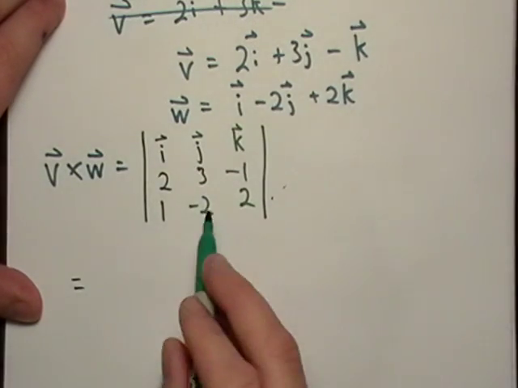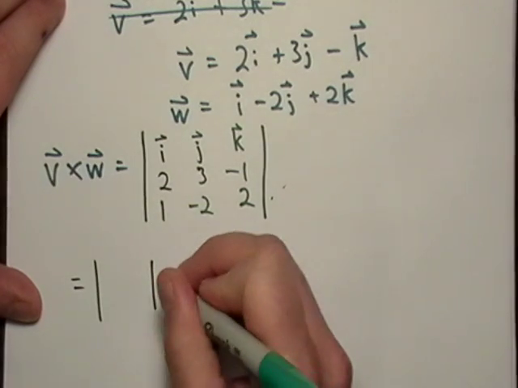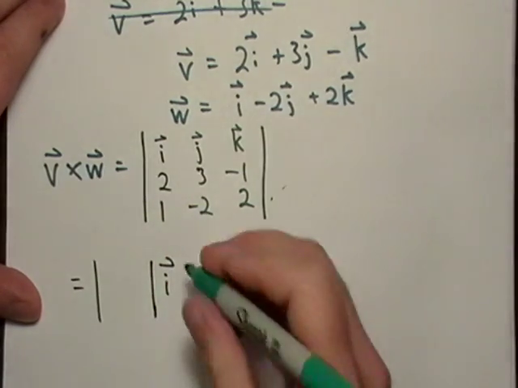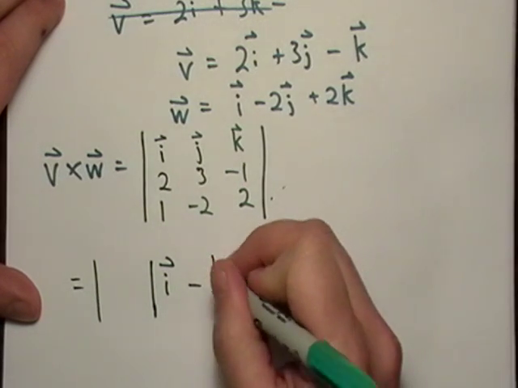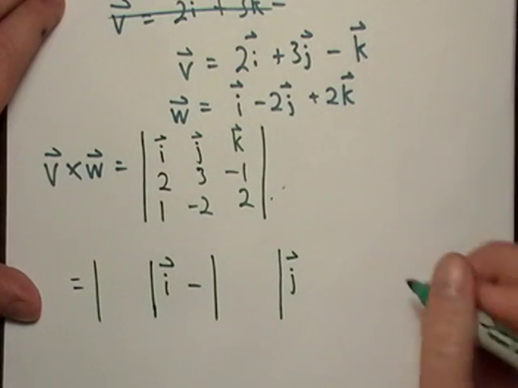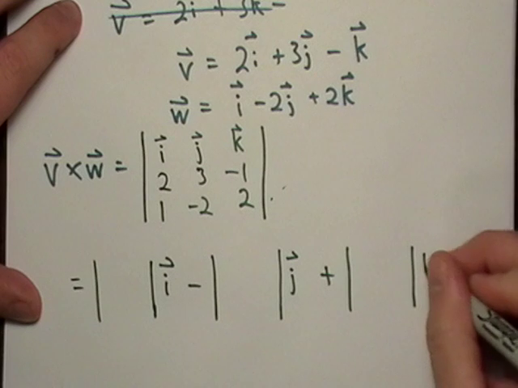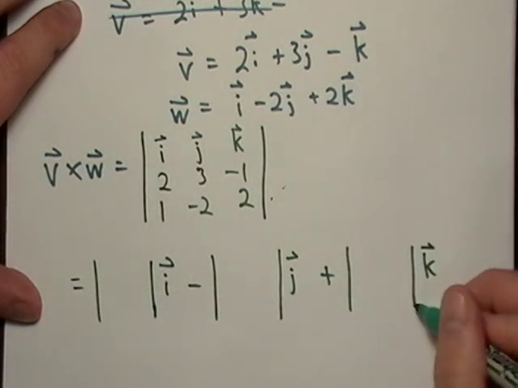We set up the I component, and we have another matrix, and then we write our I there. Then we subtract, and we put another set of brackets here, and we do the J thing, and then we add the last one here.